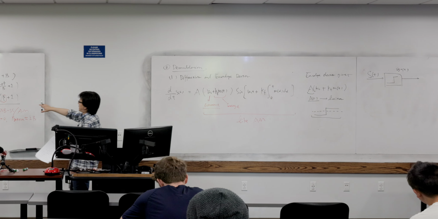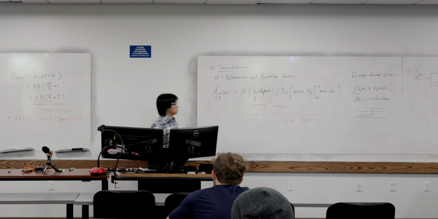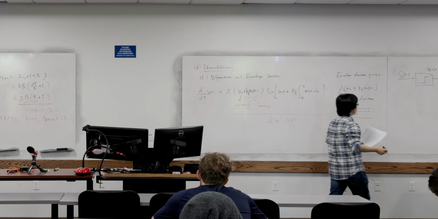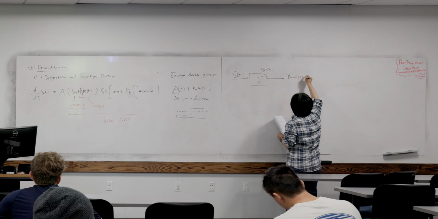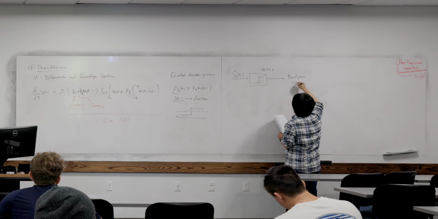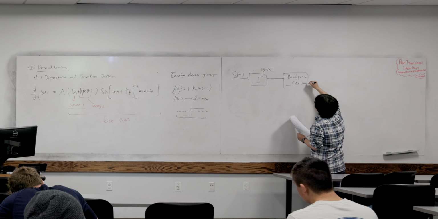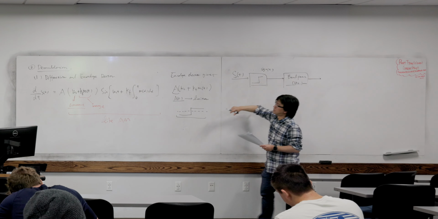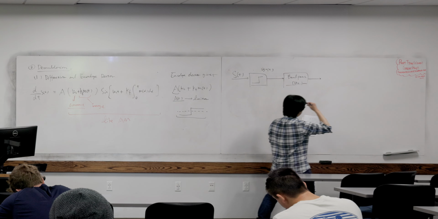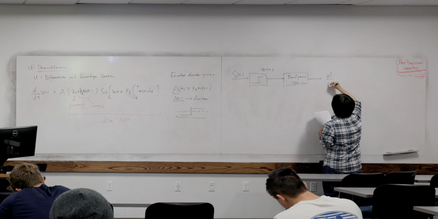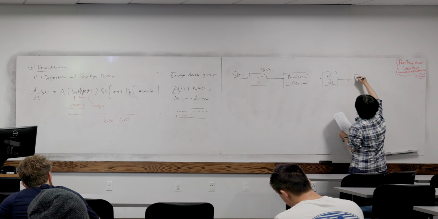So we need to pass it through a bandpass filter, centered at omega_c, to get the signal out. Then we pass that through a derivative operation, and then do an envelope detector.